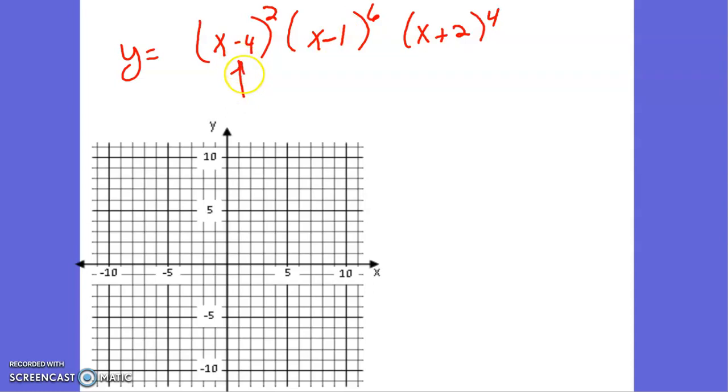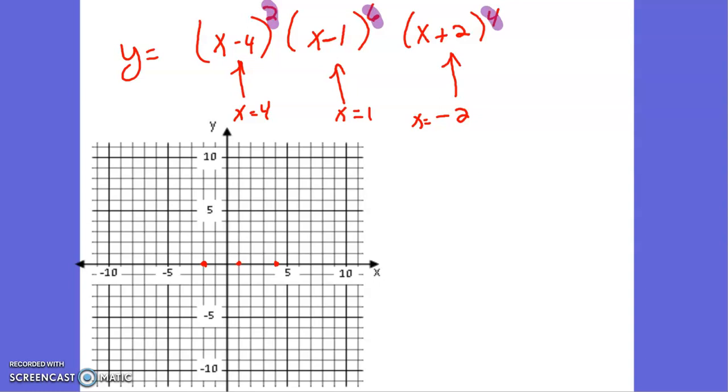So, you can see the zeros, x equals 4, x equals 1, and x equals -2. So at -2, at 4, and at 1, but because they're all even multiplicity, they don't change whatsoever, and notice they don't change from positive to negative y values because of that.